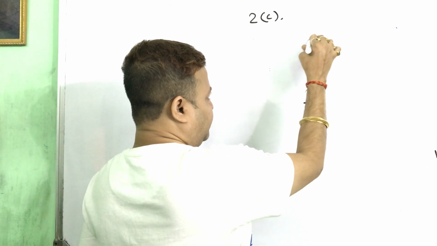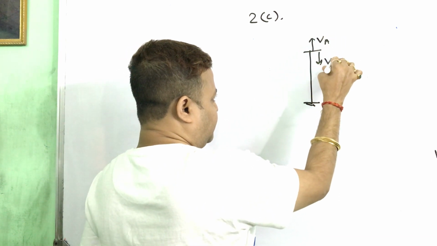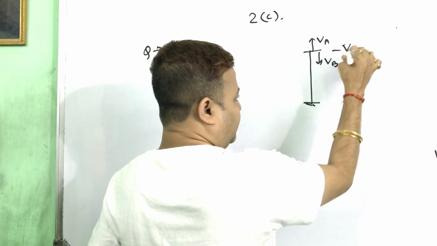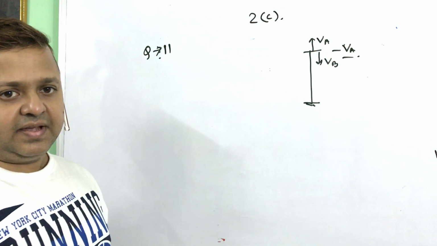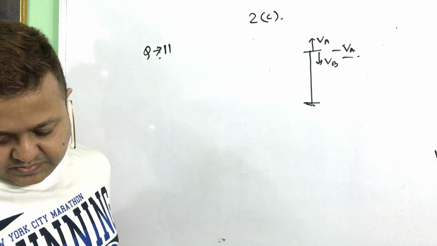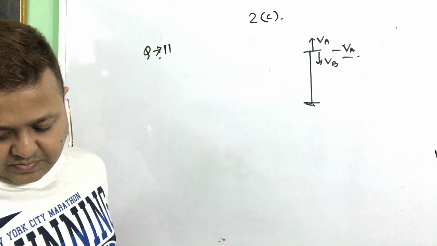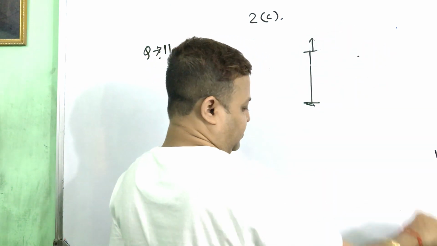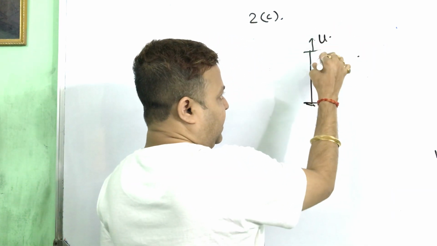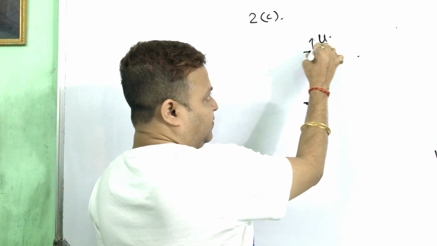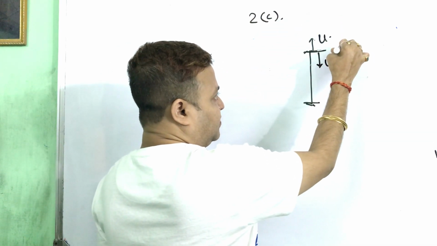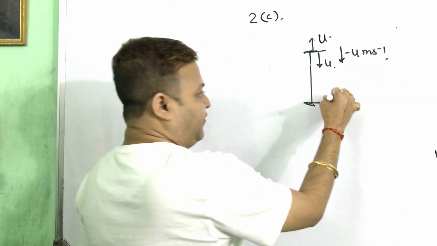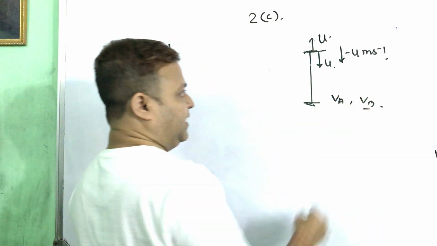One is thrown upward, and another is thrown downward. The stone which is thrown upward, so for this stone we can write the minus u velocity in downward direction. VA and VB are the velocity during hitting the ground, both are same.